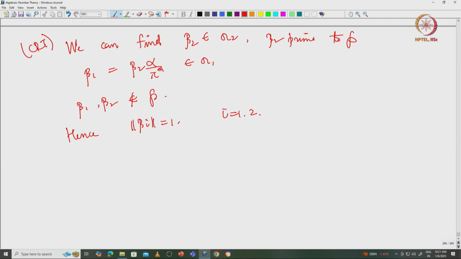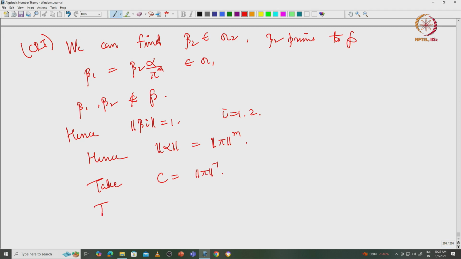And so what we get now, hence valuation of alpha is same as valuation of pi to the power m. And so we can take C to be valuation of pi inverse.